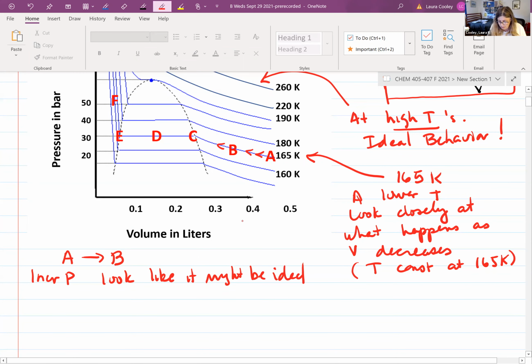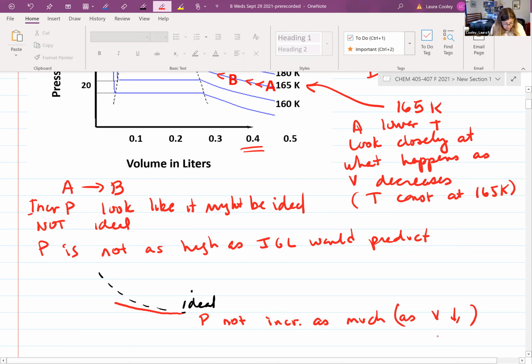So if this is what your ideal isotherm would look like, what we're seeing here is more like this. The pressure is not increasing as much as volume decreases, okay, as it should, according to the ideal gas law.